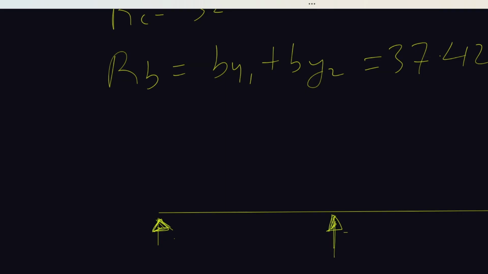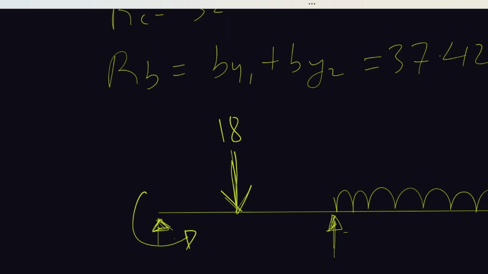So then my UDL, then my load, my load 18, the moment, load, another moment. Can you see now we use our moments to now get our reactions.